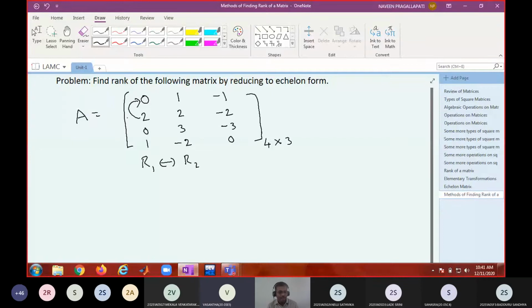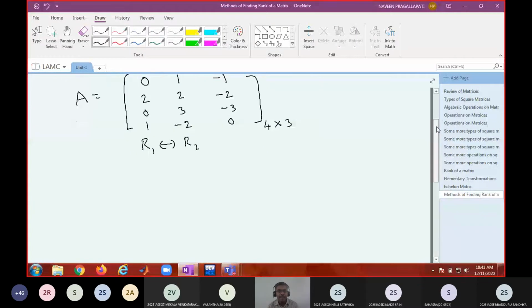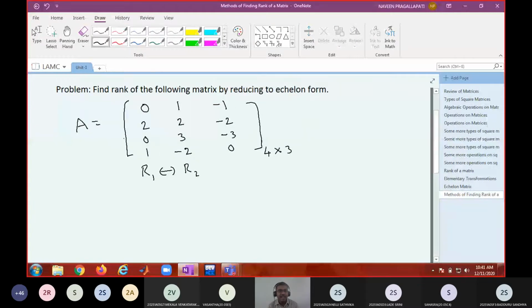Okay, so do you allow me to interchange R1 and R2, or R1 and R4? Let us say you are telling some problem, no? So I will be interchanging R1 with R2. Is that fine? Yes, sir.